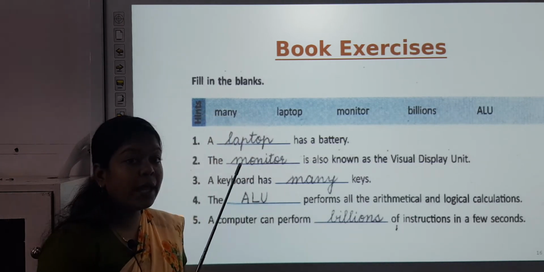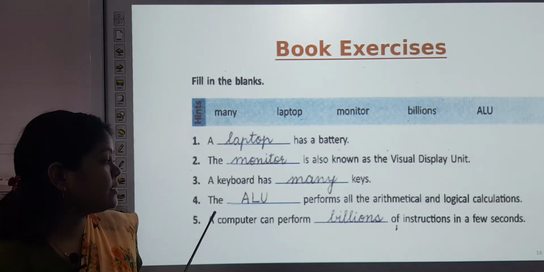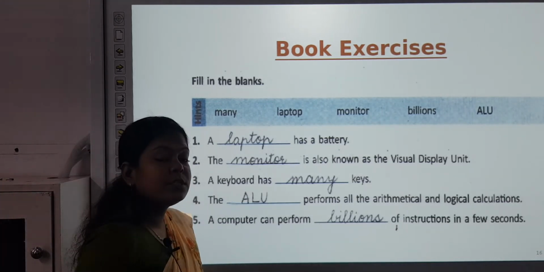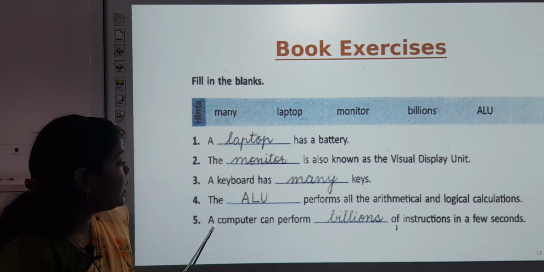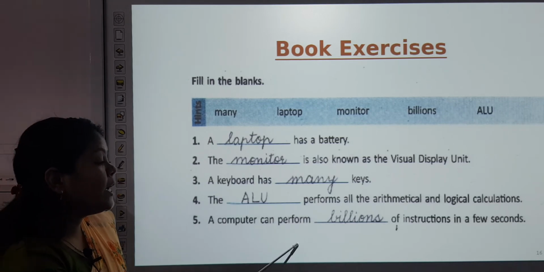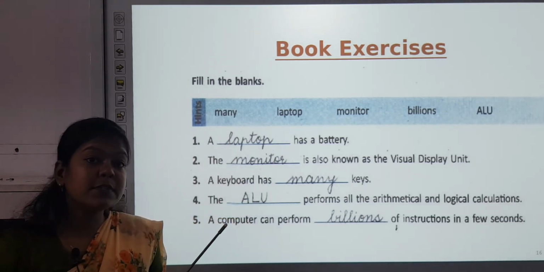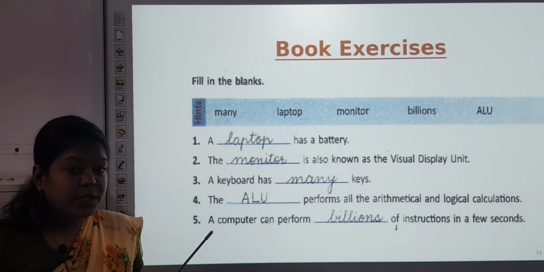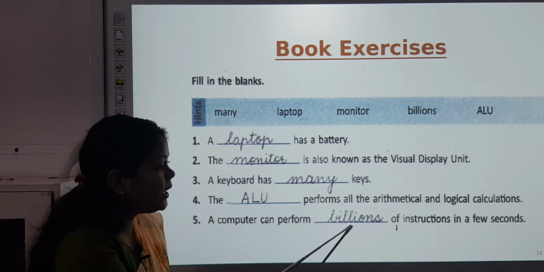We all know ALU, which stands for arithmetic and logic unit, is used to perform all the arithmetical and logical calculations. So, your answer is ALU. Last, a computer can perform dash of instruction in a few seconds. In the characteristics we have studied that a computer can perform billions of instructions in a few seconds because it has very fast speed. So, your answer is billions.